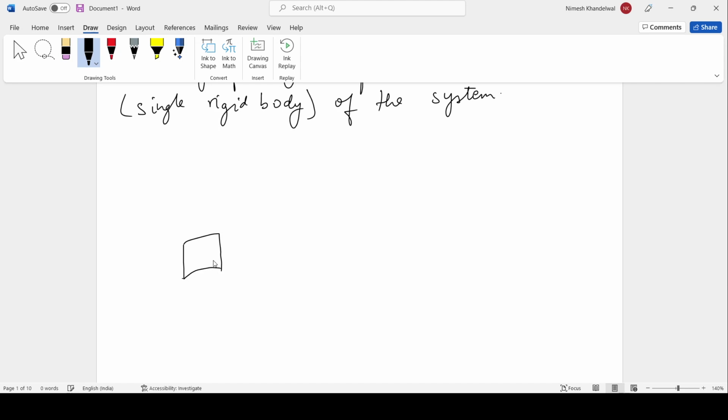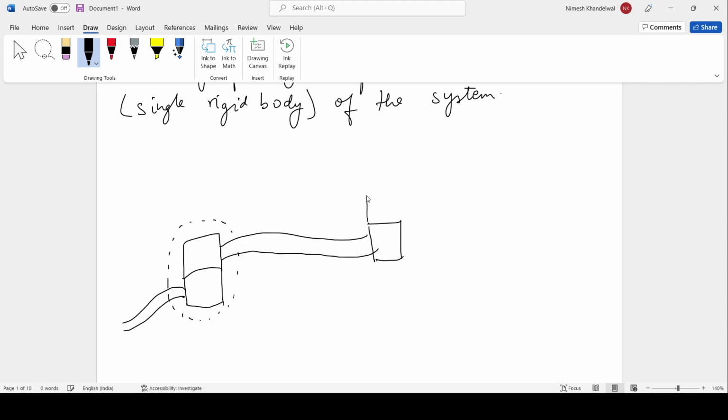Okay, that we'll be using. So let us say this is an arbitrary link, right? And this link is connected to two other links through these revolute joints.